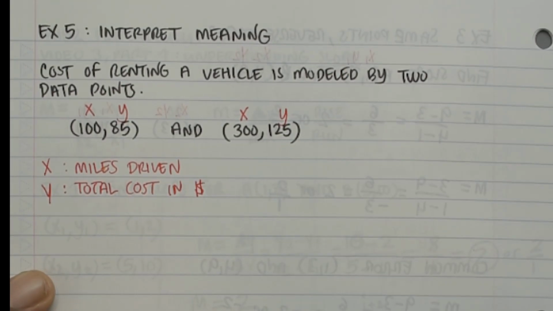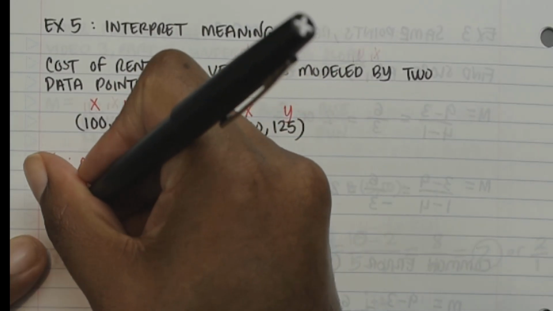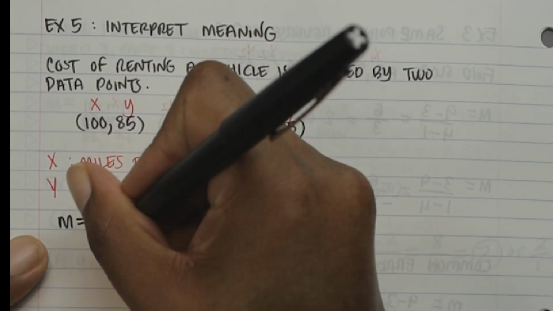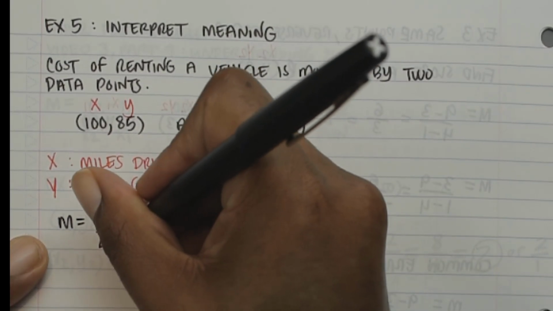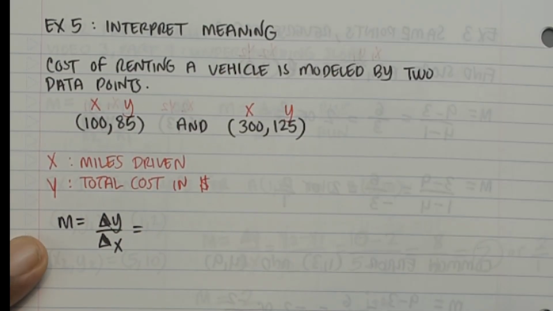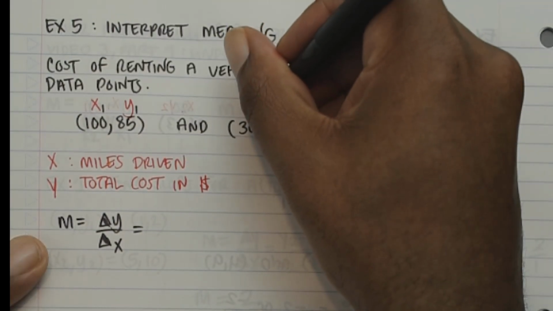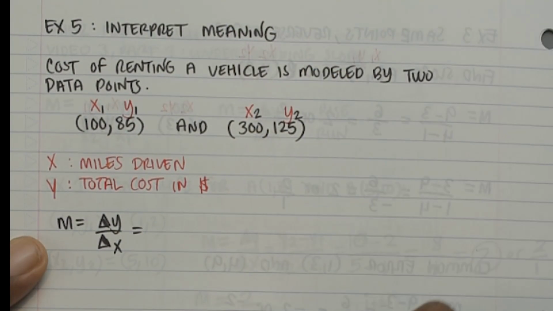So how do we do this? We take m, which equals the change in y over the change in x, and we say, all right, this is x1, y1, x2, y2.